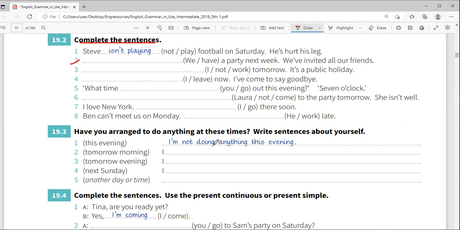So we are having a party next week. We have invited all our friends. But you see, it's the short form of that one. You say we've invited. We've left. We've asked. Good.